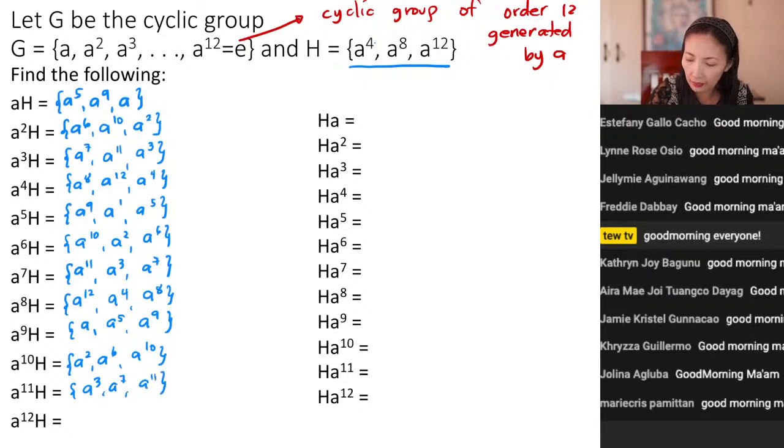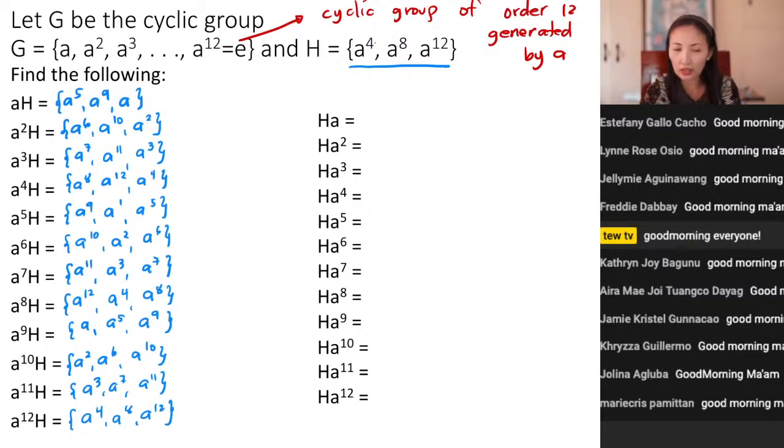And finally, A raised to 12 will be A raised to 4, A raised to 8, and A raised to 12.